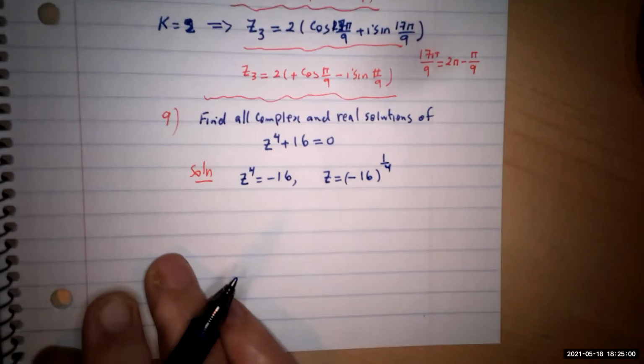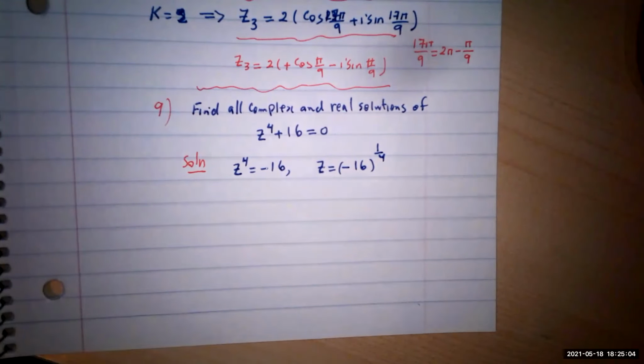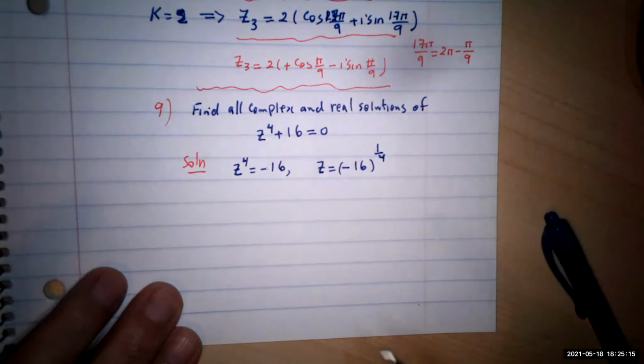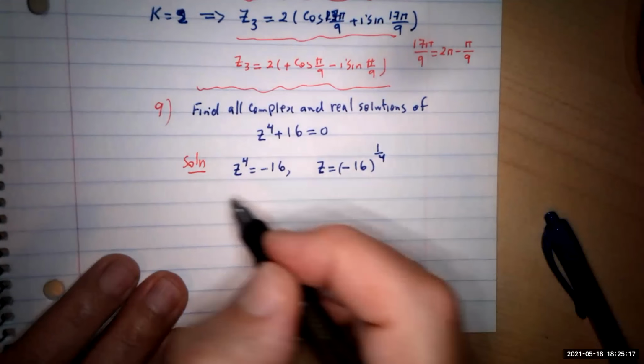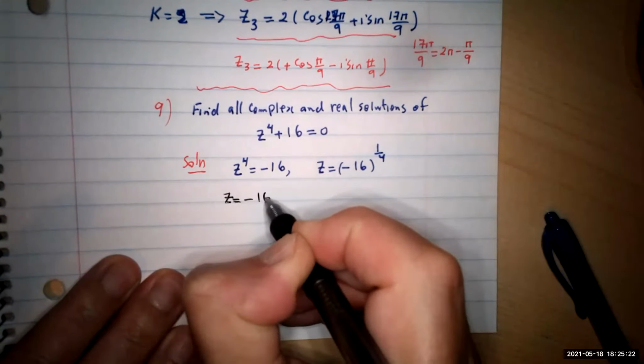So this means you are going to find the fourth roots, the complex roots of negative 16. You know that you have to change negative 16 into the complex form or the polar form. So your z is going to be equal to negative 16.